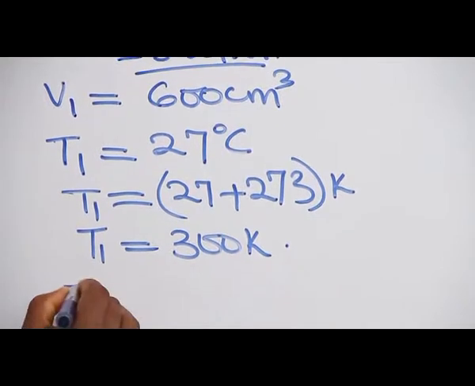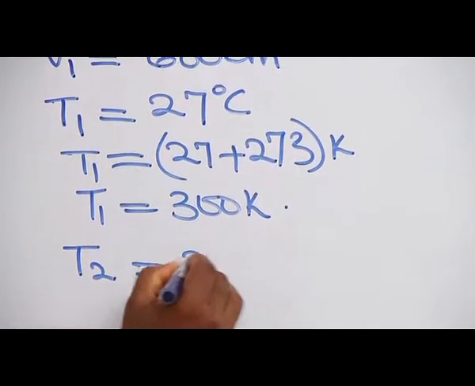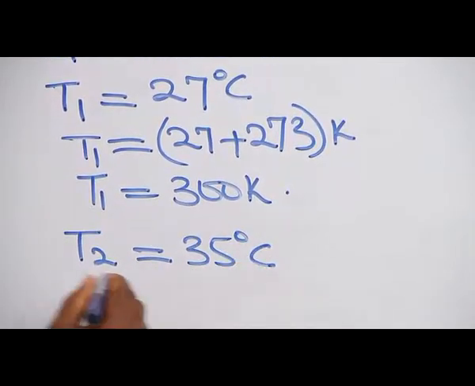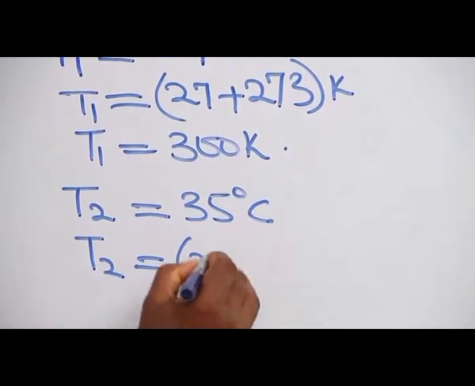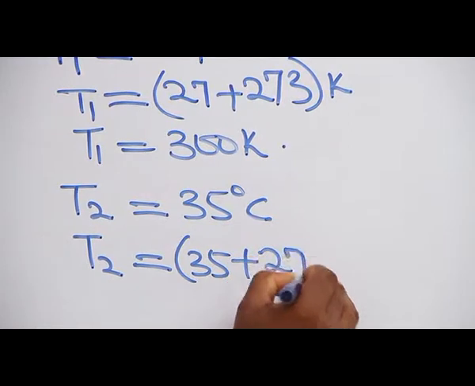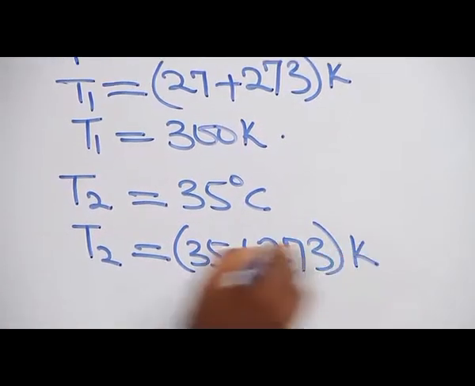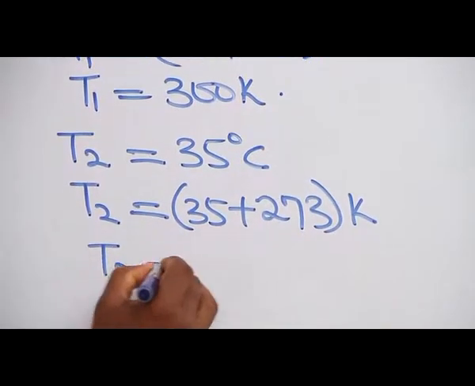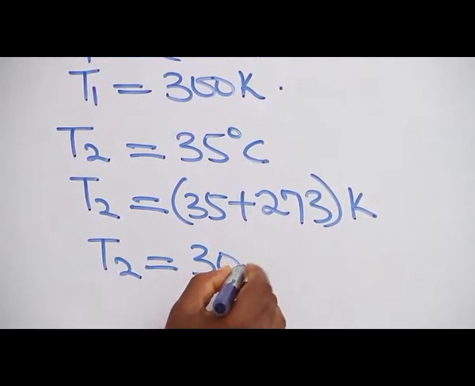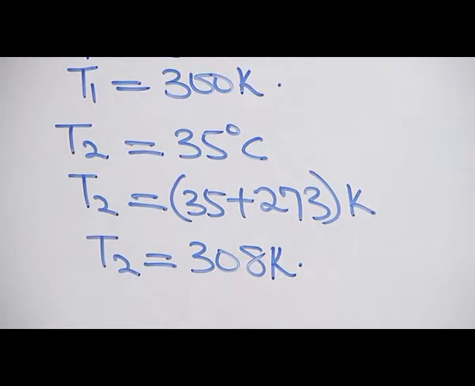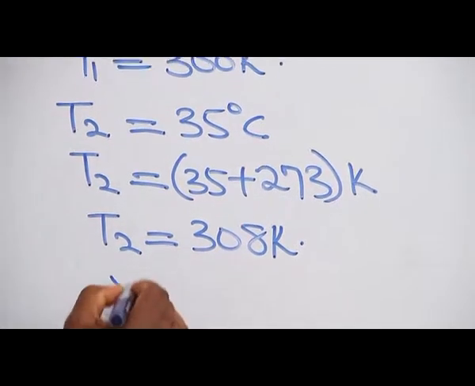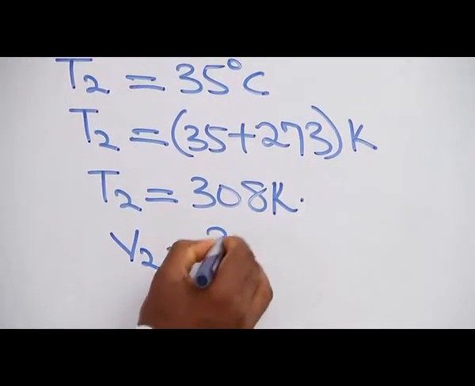We are also given the new temperature T2 as 35 degrees Celsius. We have to convert it to Kelvin. That will give us 35 plus 273 in Kelvin. Temperature 2 will give us 308 Kelvin. Then we have to find V2, the new volume.